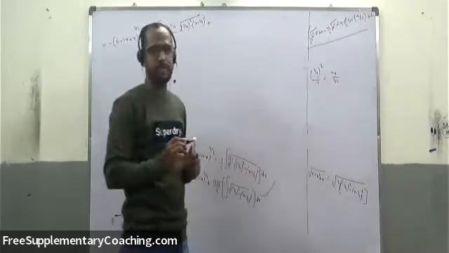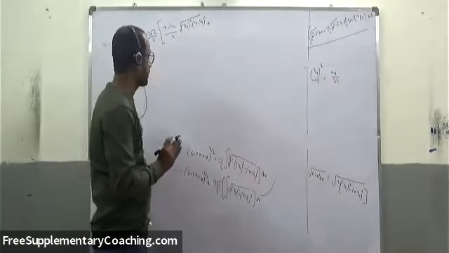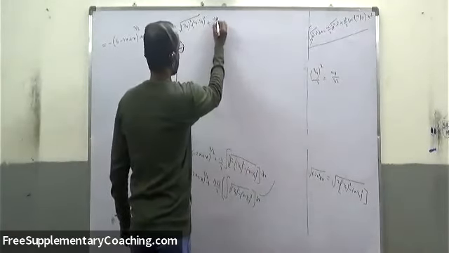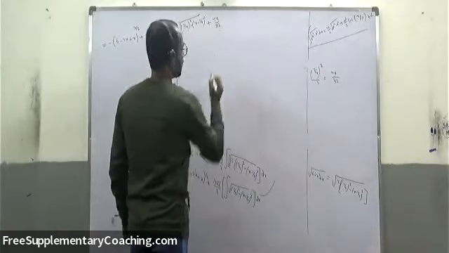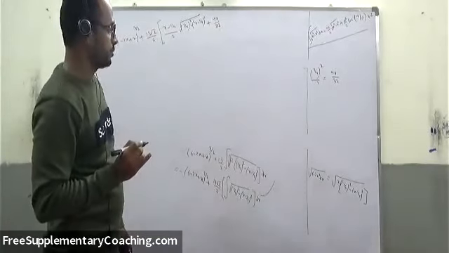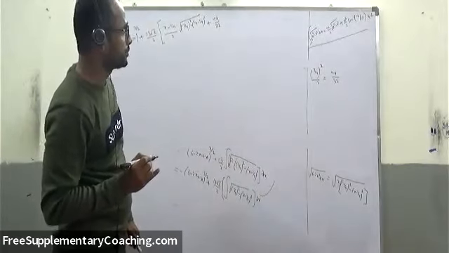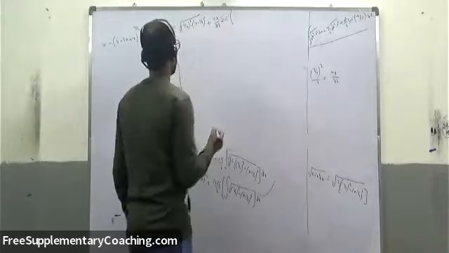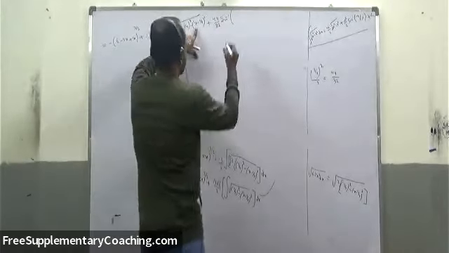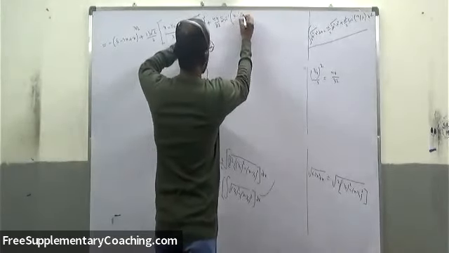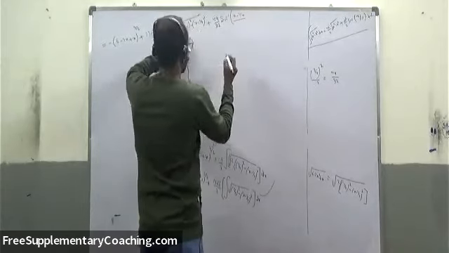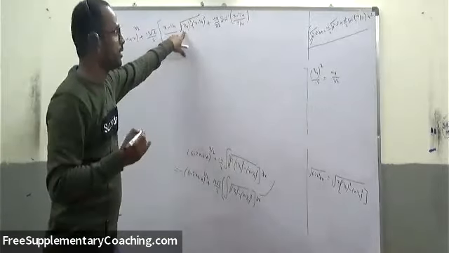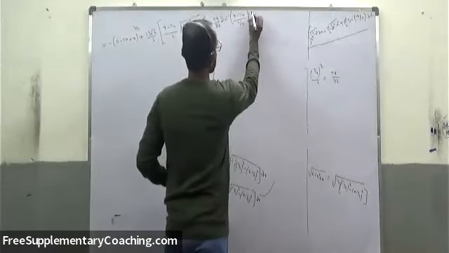In this form I am writing, so here a² by 2 I can directly write as 49 by 32. Now, sin inverse of x by a, that is (x minus 1/4) by a, which is 7 by 4. The plus c we will use afterwards.